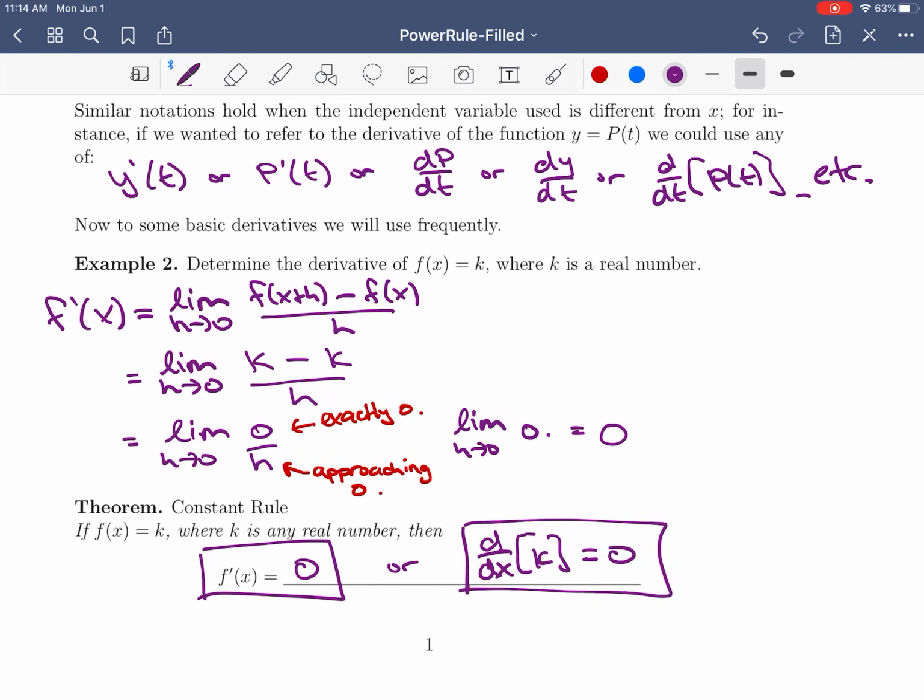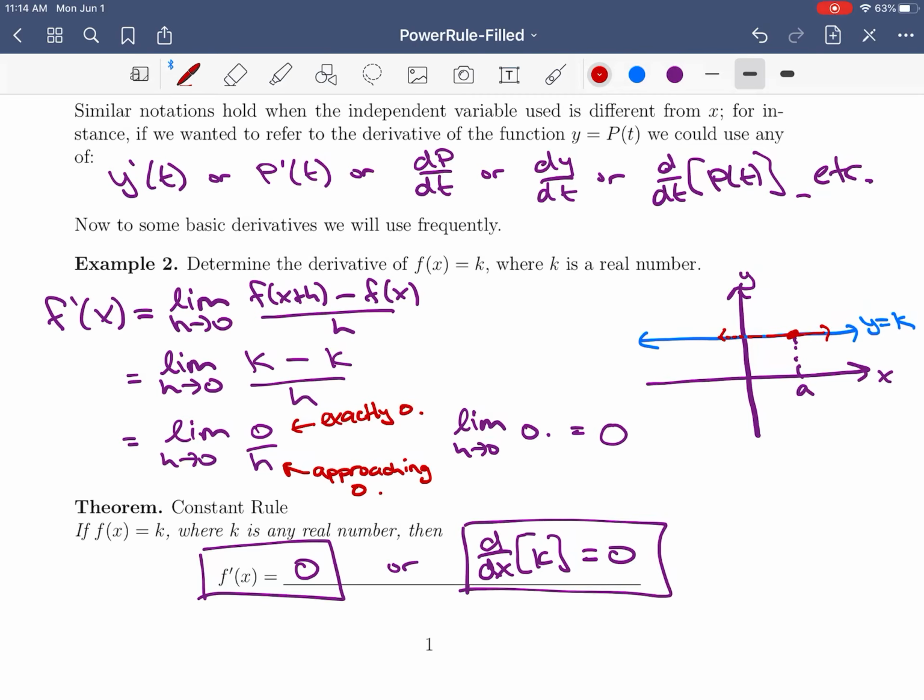Now another way to see that is with a picture. If I have a function y equals k, it's a horizontal line, right? So if we take a derivative at a specific point, when you're on a line, the tangent line is the line.